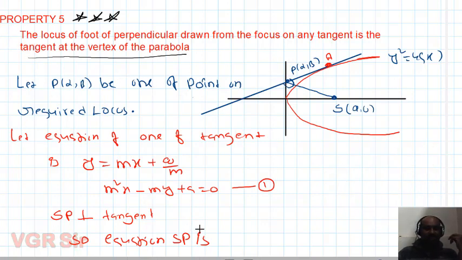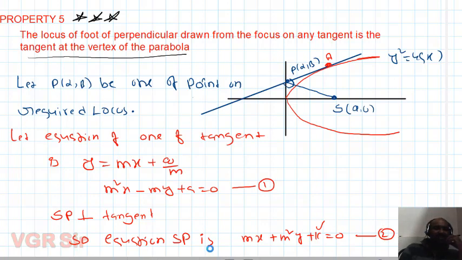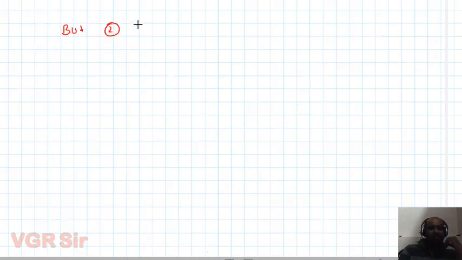Observe here, the equation of SP. Directly, I want to interchange the x coefficient and y coefficient, that is mx plus m square y plus k equal to 0. This is the equation of SP, but you need to find the k value. Now it is passing through the focus, that is (a, 0).